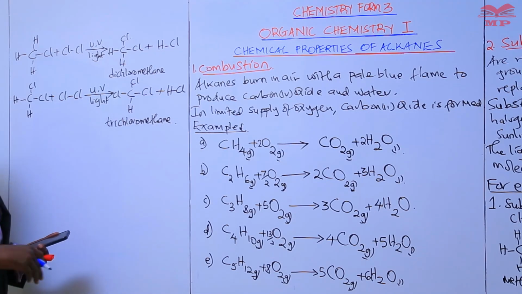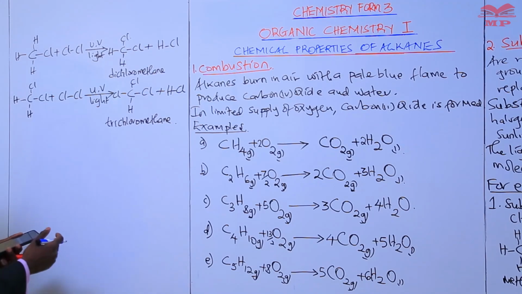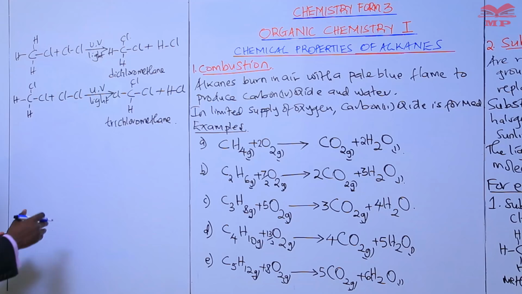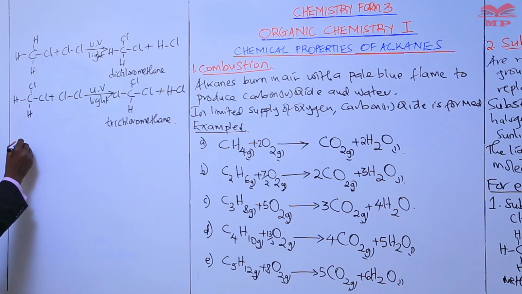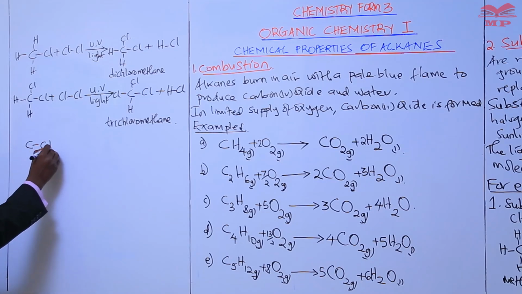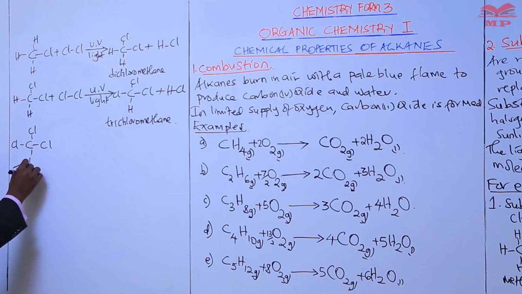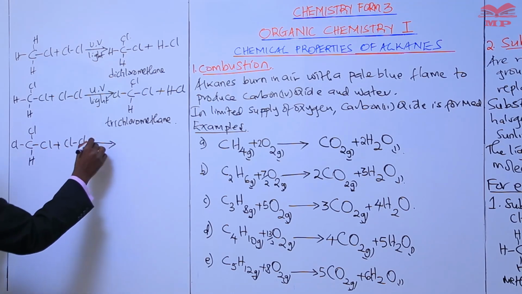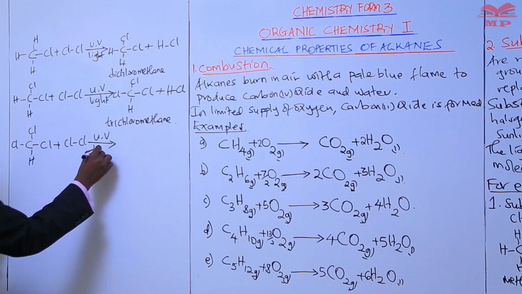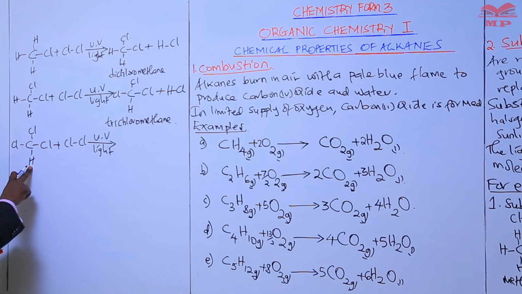Remember, we have said the substitution reaction takes place until all the hydrogen atoms have been substituted. So this one undergoes further substitution. So this will be carbon, that is trichloromethane, undergoing further substitution, obviously in the presence of UV light, to give you a new compound.